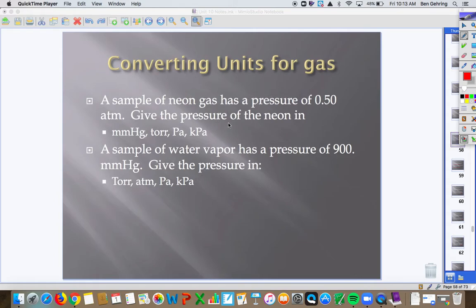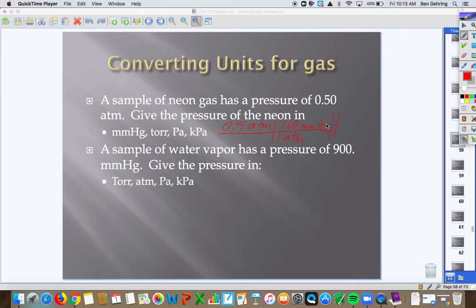So for starters, we have 0.5 atmospheres. And I know that in 1 atmosphere, I have 760 millimeters of mercury. So I'm going to take 0.5 times 760 divided by 1.